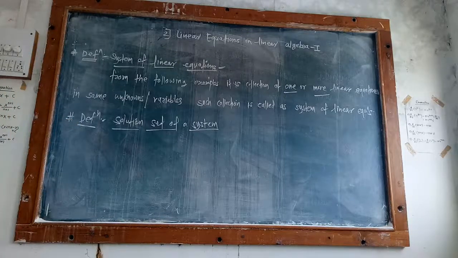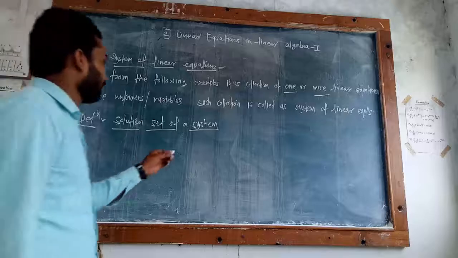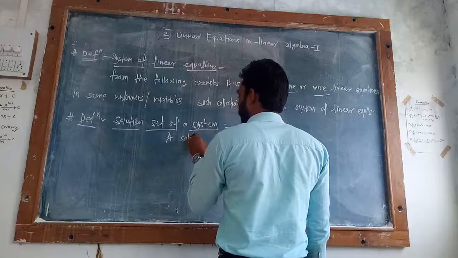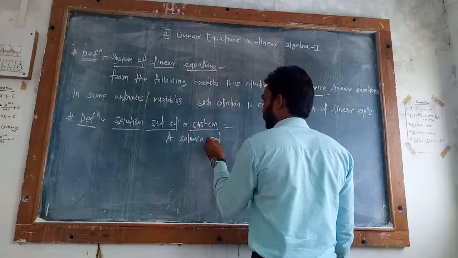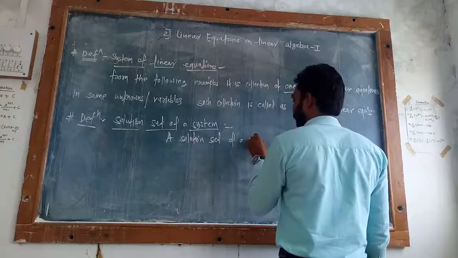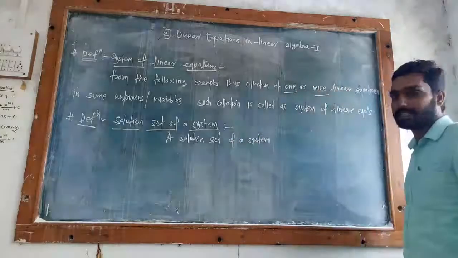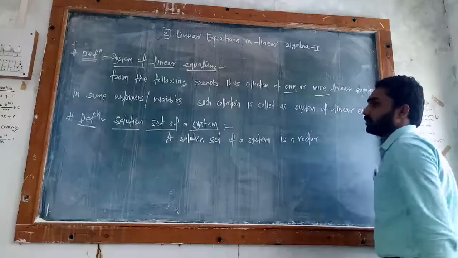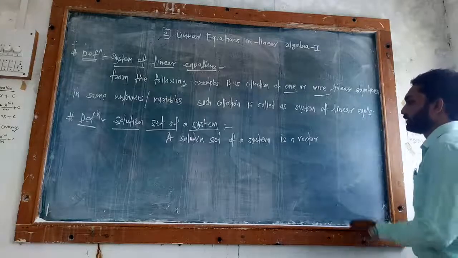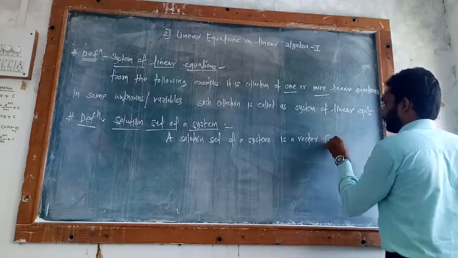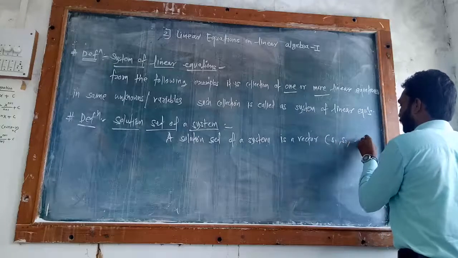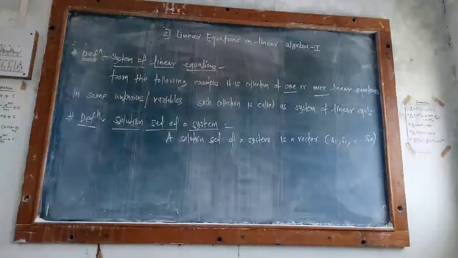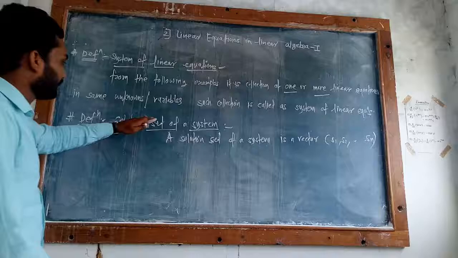It is a very easy definition. A solution of a system is a vector S1, S2, up to Sn.